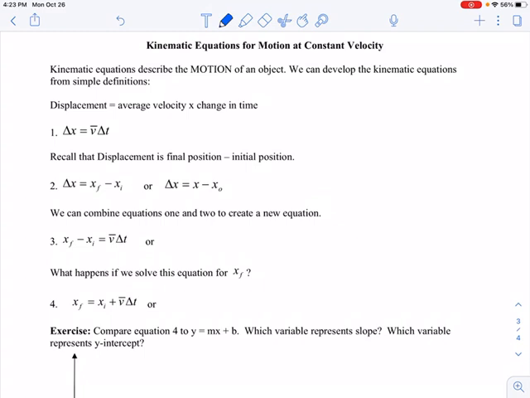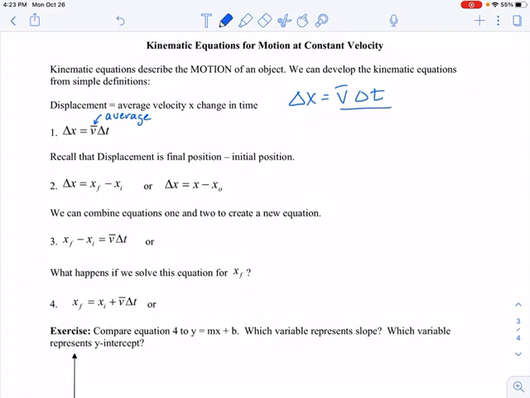The first equation we're looking at is displacement equals average velocity times time. And one thing I'd like you to practice doing is rearranging equations. For example, are you able to take delta x equals v bar delta t? This bar, by the way, means average. And are you able to solve for average velocity?